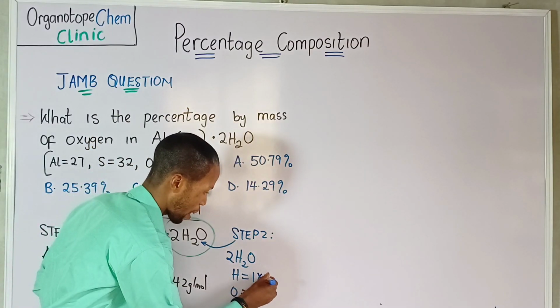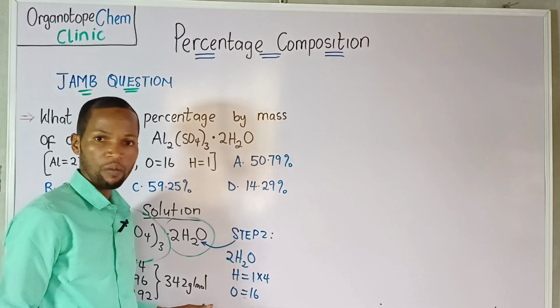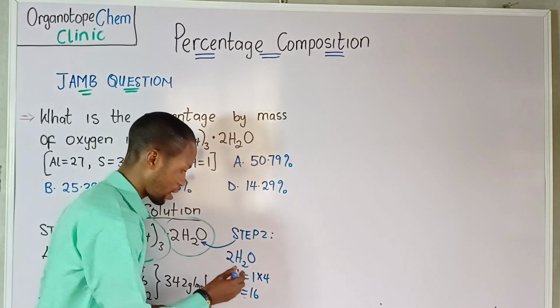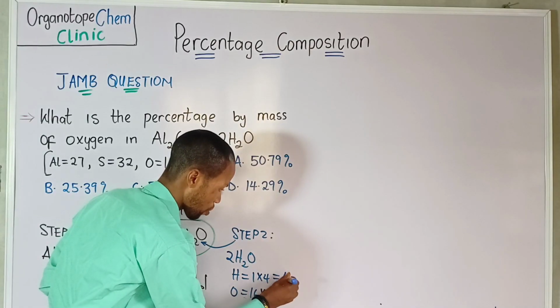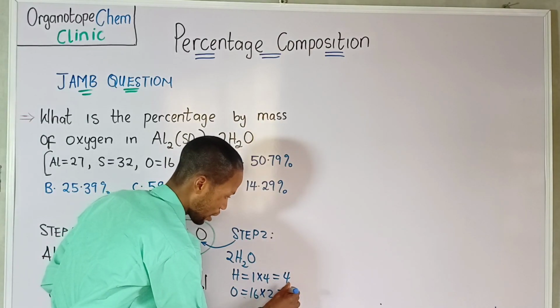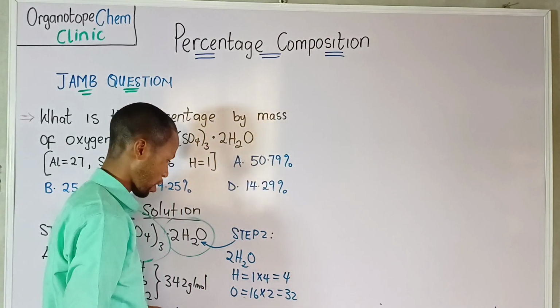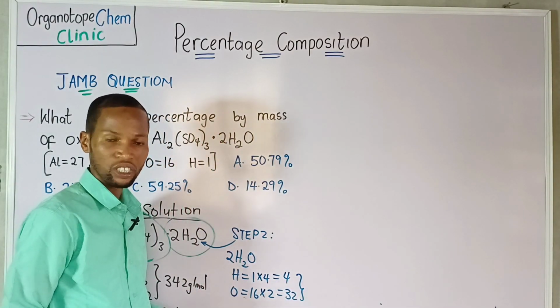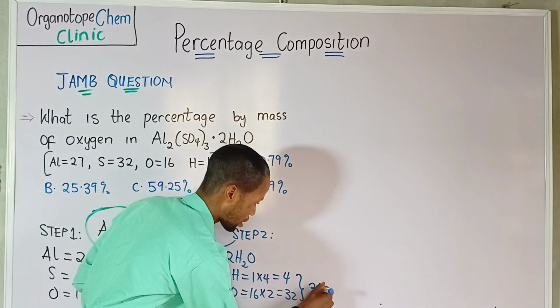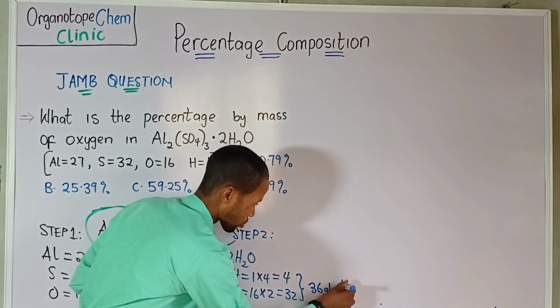So we multiply this by 4. Also, the atoms of oxygen right here is 2. So I will multiply 16 by 2. This will give 4, and this results in 32. Okay? So the total mass of the water of crystallization is 36 gram per mole.